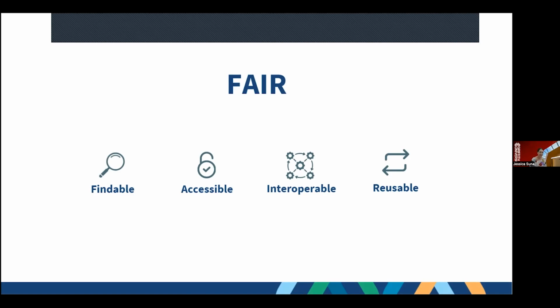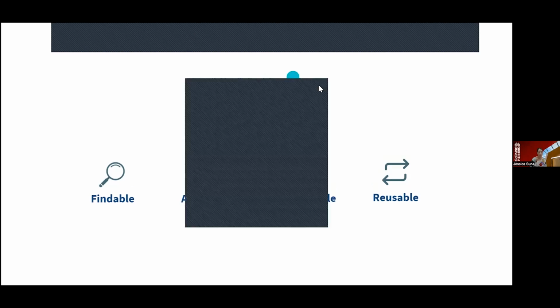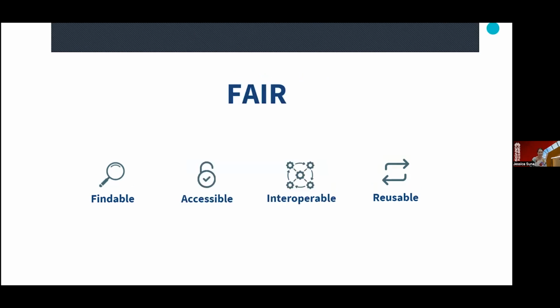Make sure it's accessible, so enabling data retrieval by humans and machines with clarity on access conditions. Next, is it interoperable, ensuring common languages, formats, and vocabularies for data and metadata. And lastly, reusable, so providing detailed metadata, so descriptions of your data essentially, clear usage licenses, and provenance information for data reuse. Next slide, please.